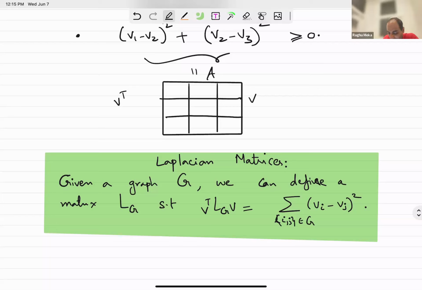So by definition, for every V, you get V transpose LG V is greater than or equal to 0. So the corresponding matrix would be positive semi-definite.